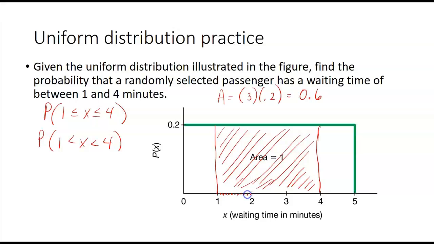Each one individually has such a small probability associated with it that it doesn't matter whether we include or don't include these particular values when we calculate it. It's not like when we did the binomial distribution, where we really had to focus on whether those values were included or not. For the continuous probability distributions, we do not have to worry about that. So that makes it a lot nicer.